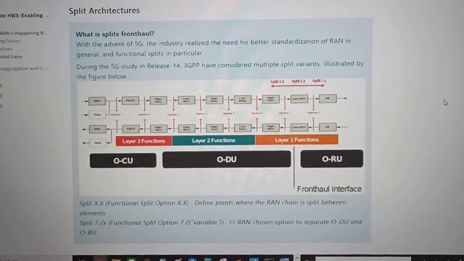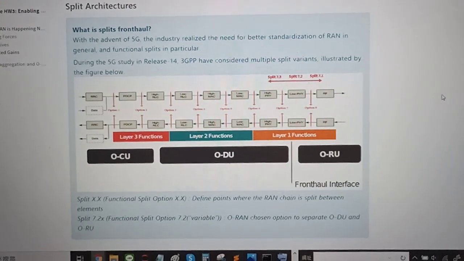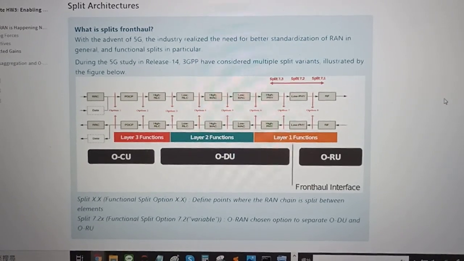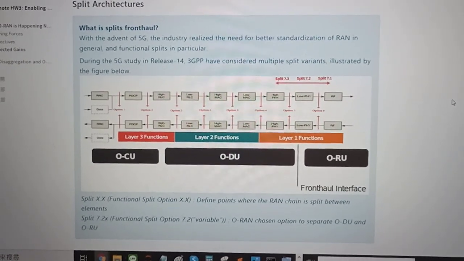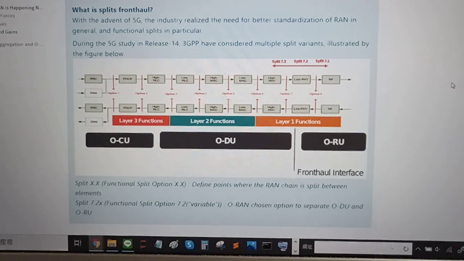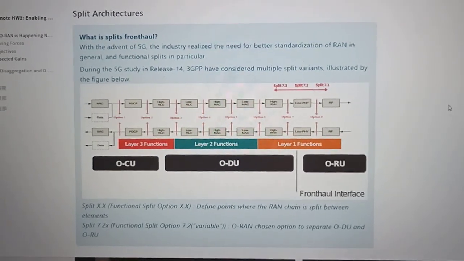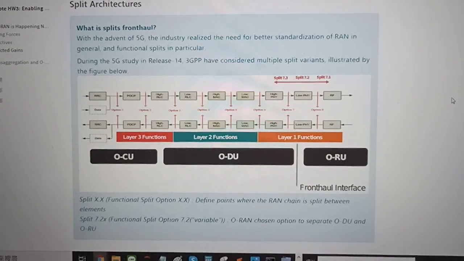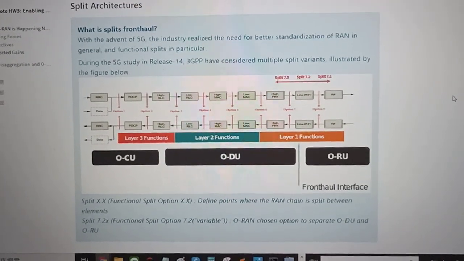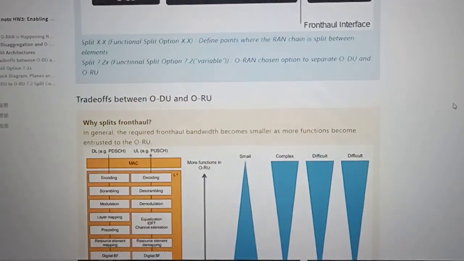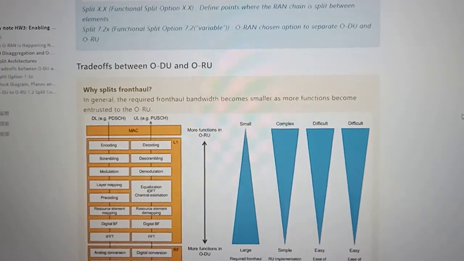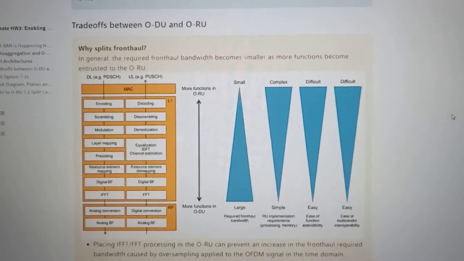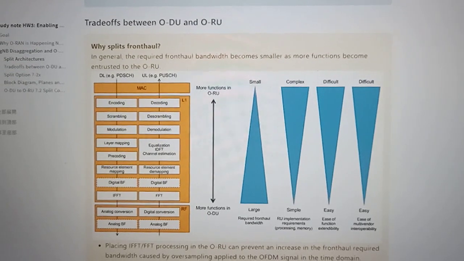So according to the requirement or the design, you can choose one of them to split the O-DU and the O-RU, and it is about the trade-offs between O-DU and O-RU.